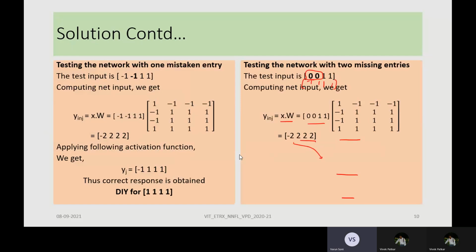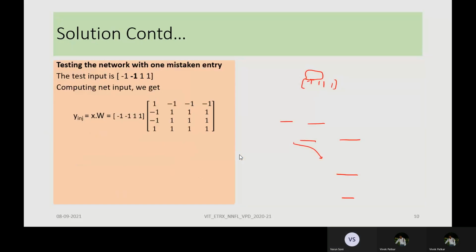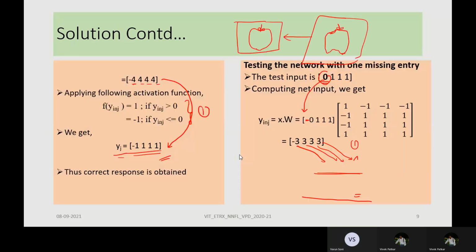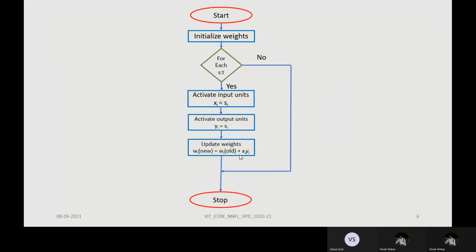So if somebody asks you training algorithm for hetero associative network, you can give this one or Hebb's rule directly. Hebb's rule's flow chart is applicable for auto associative as well as hetero associative memories. Just go through it.